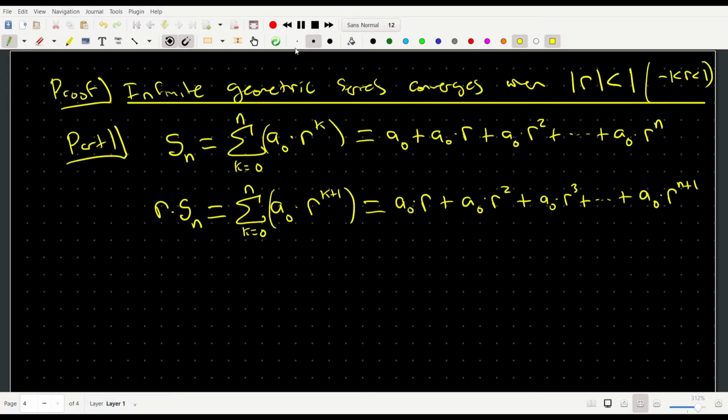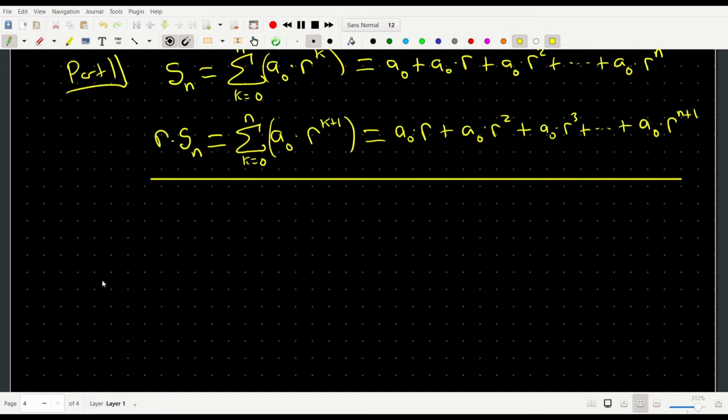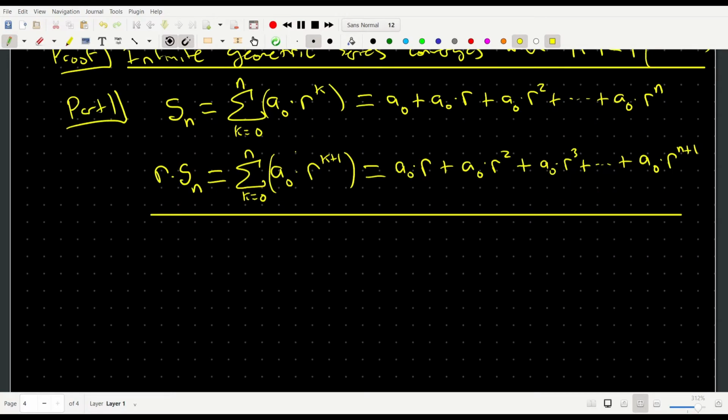So the key thing here is to note what happens if I subtract these two finite series from one another. If I subtract r times Sn from Sn, notice that this is the same thing as 1 minus r times Sn, algebraically.